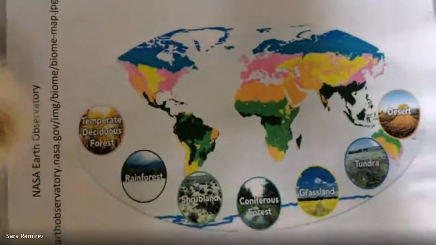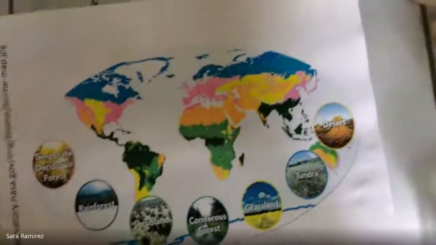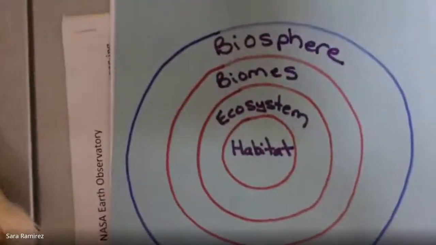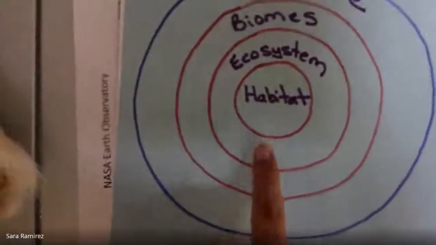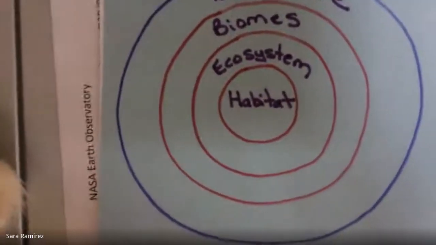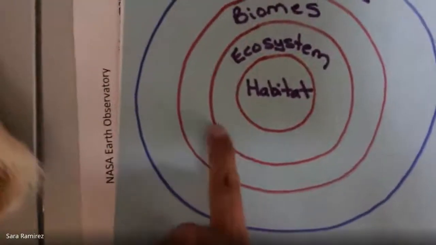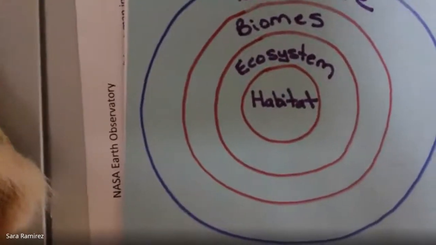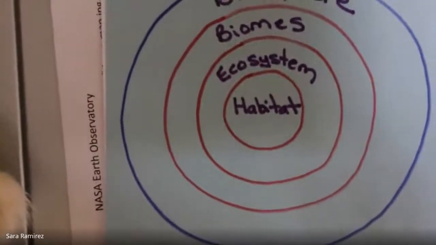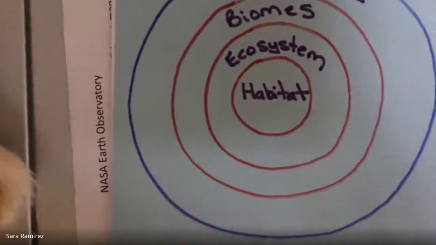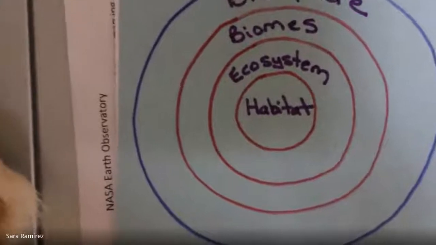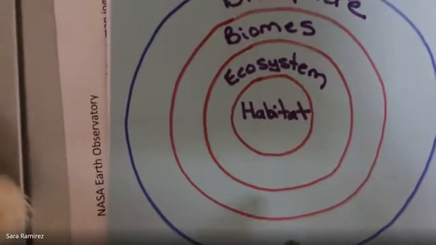So if you were to put all of these together into a diagram, this is what the hierarchy would look like. You have the smallest unit, which is a habitat. The habitat is just where a specific species lives. Then you have the ecosystem. The ecosystem consists of many habitats, and it also tells us about the interaction between the biotic and abiotic elements within that ecosystem.